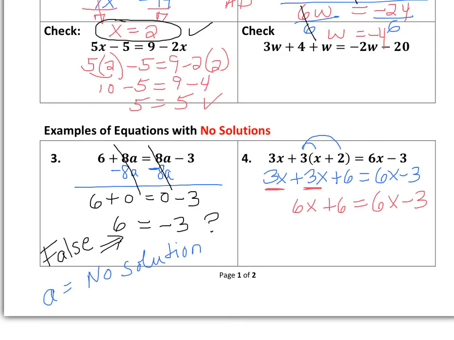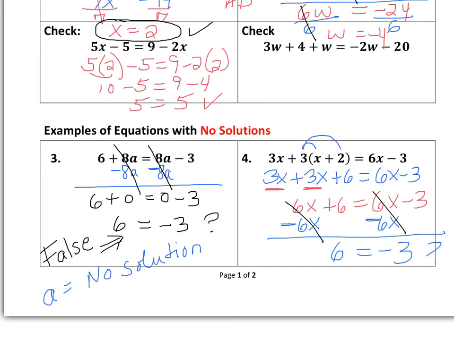Now, over here to the right, this term here is automatically assumed to be positive. So we're going to use inverse operations to move it over to the left. And 6x minus 6x reduces to 0. Same thing over here. So again, we end up with 6 equals negative 3.